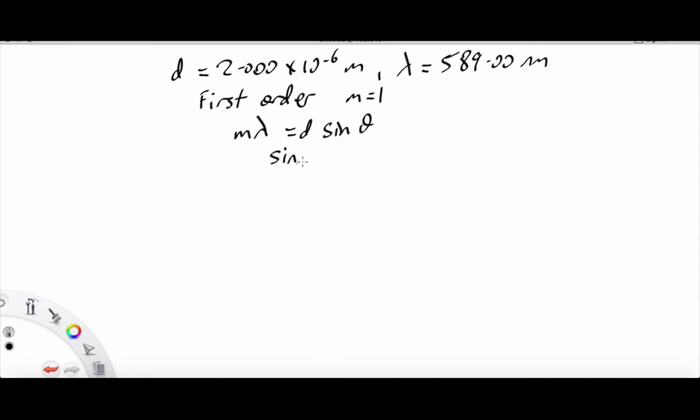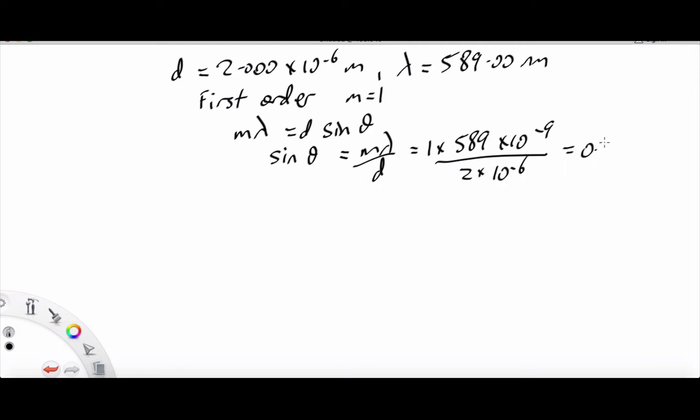So sine theta equals m lambda over d, which equals 1 times 589 by 10 to the minus 9 over 2 by 10 to the minus 6, which equals 0.2945. So theta equals 17.13 degrees.